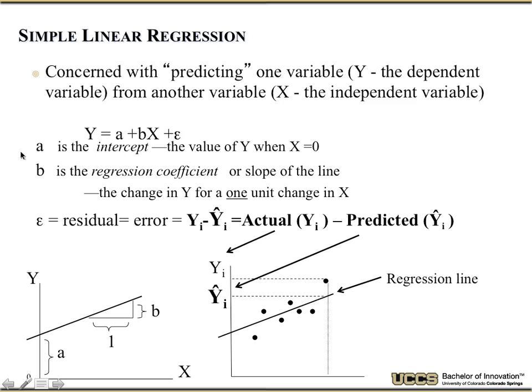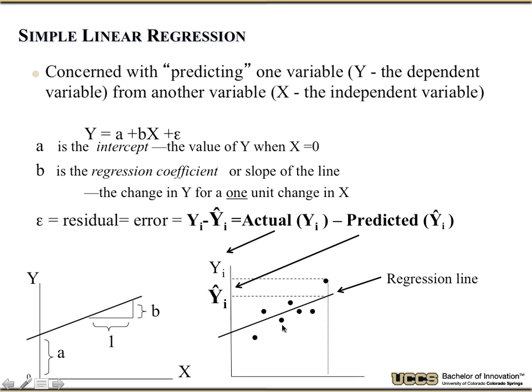Epsilon is our error. So a is the intercept, b is the regression coefficient, the slope of the line, and it changes for y with a 1 unit change in x. And epsilon is our residual error. The residual error is the difference, summed over all the data, between the actual value of yi and the predicted value of yi.